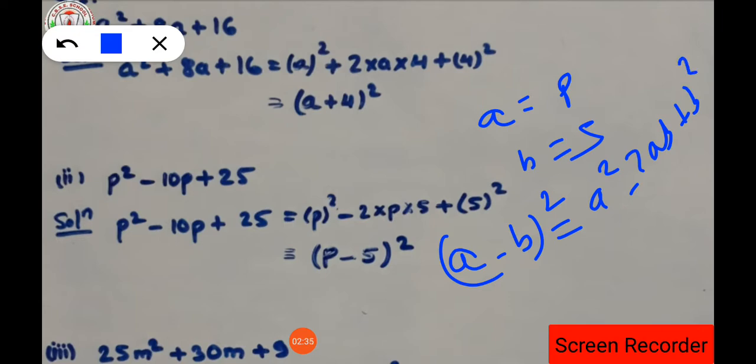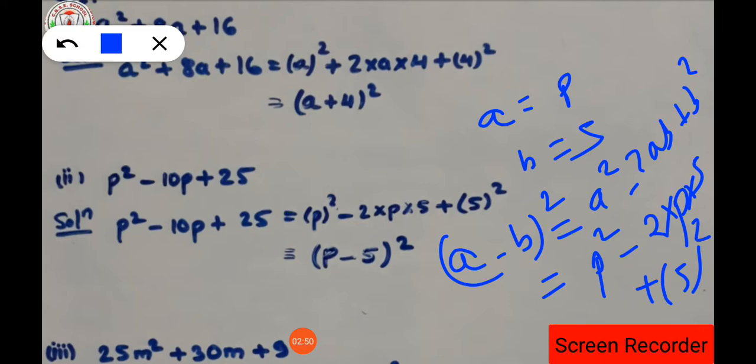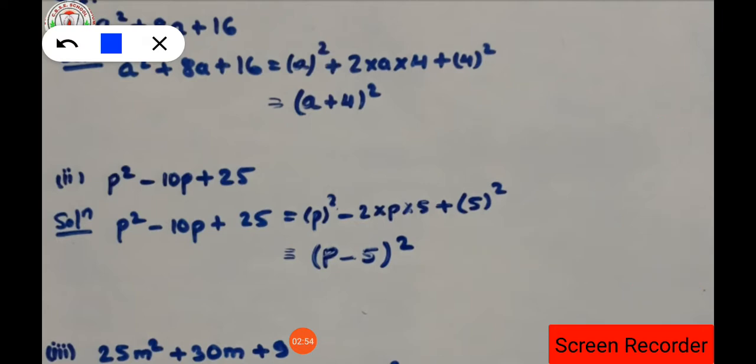This formula is going to be used over here. Then in place of a we are having p square, minus 2 into p into 5 plus 5 the whole square. So it can be written as p minus 5 the whole square.